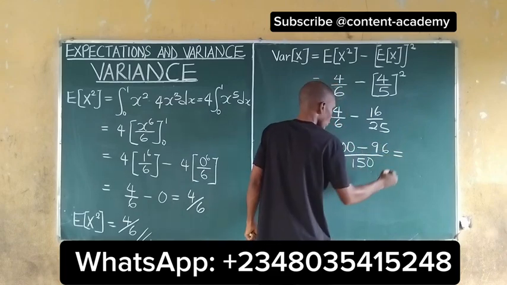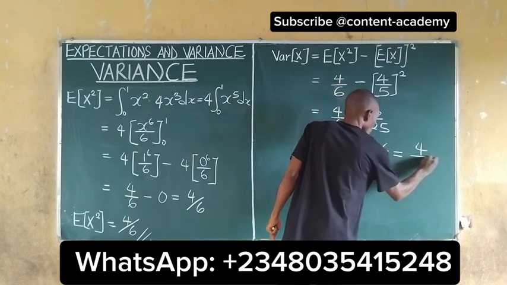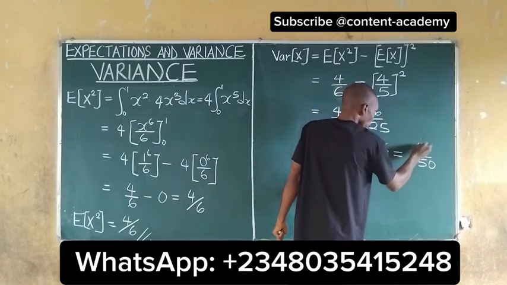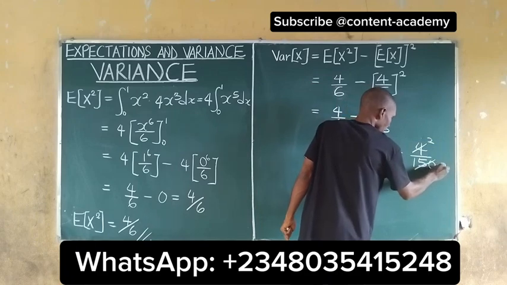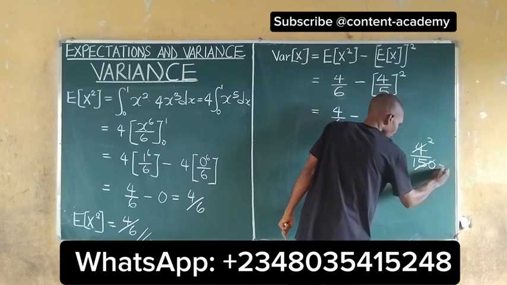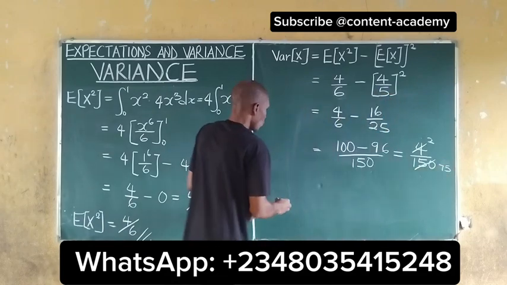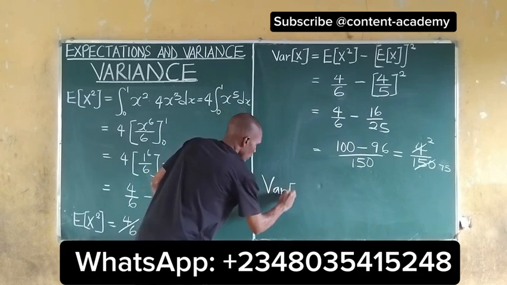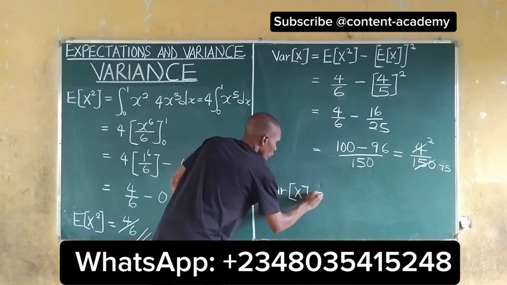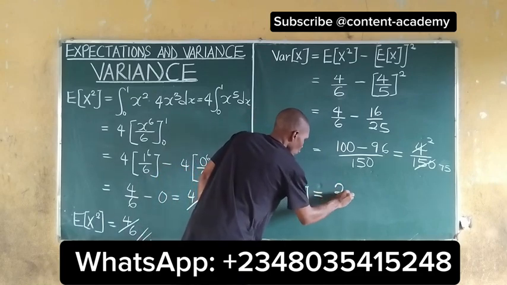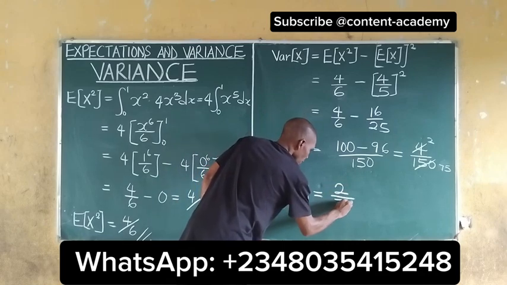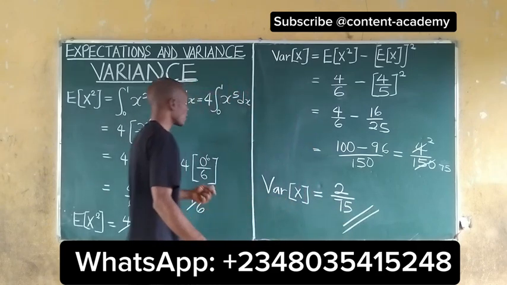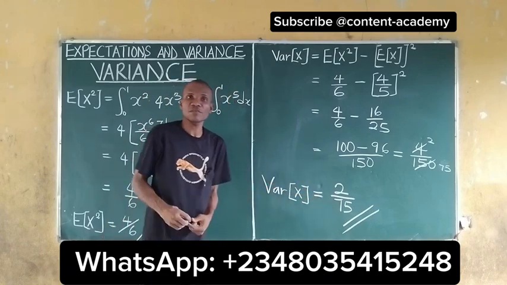So we have this to be equal to 4 all over 150. And 2 into 4 is 2, 2 into 150 is 75. So we have our variance of x to be equal to 2 all over 75.